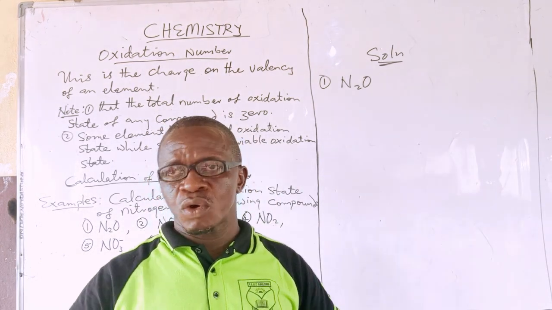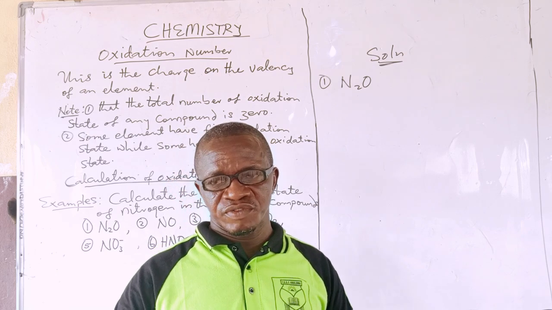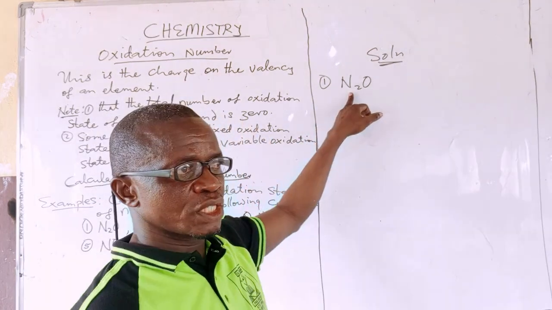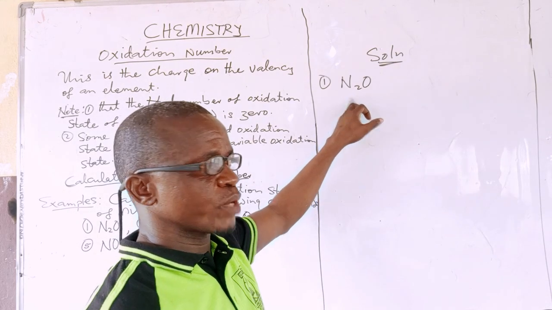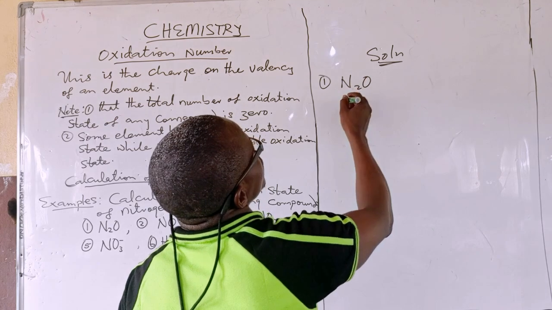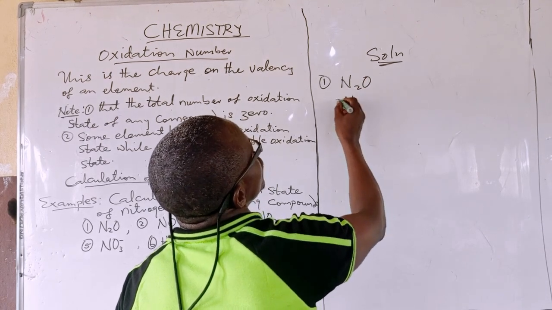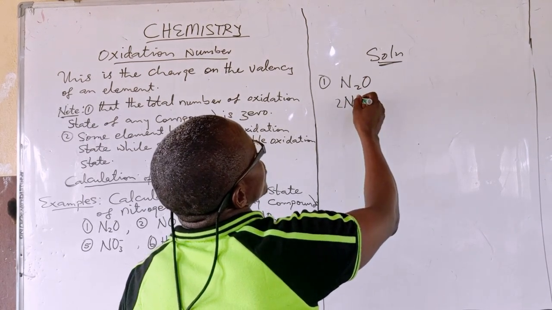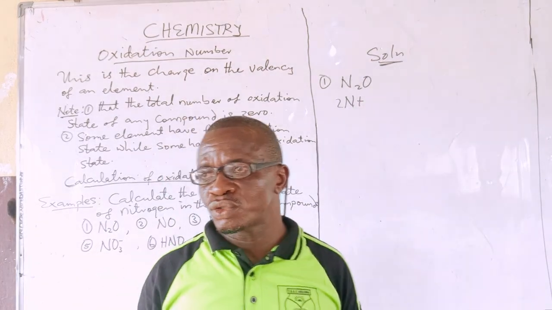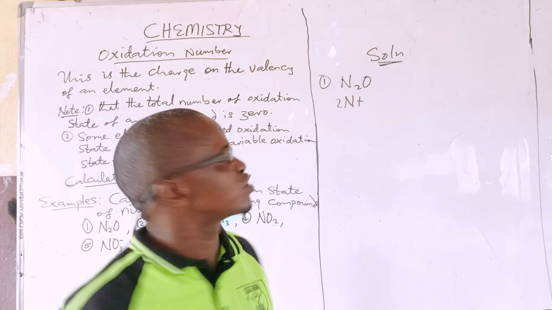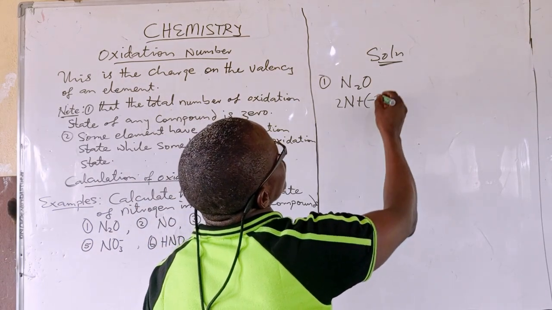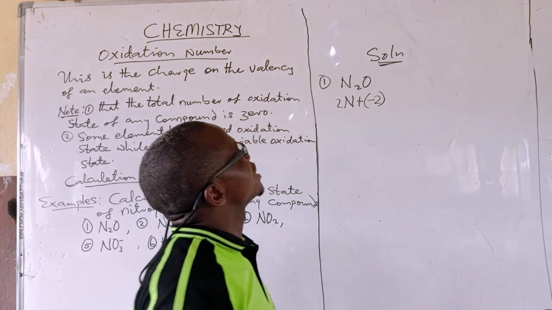It's not the same at all times, so we want to know which oxidation state nitrogen is using in this compound. For nitrogen, how many atoms are here? 2. Now add that to the oxidation state of oxygen. I told you earlier that the oxidation state of oxygen is minus 2, because it borrows 2 electrons into the outermost shell to make it 8.